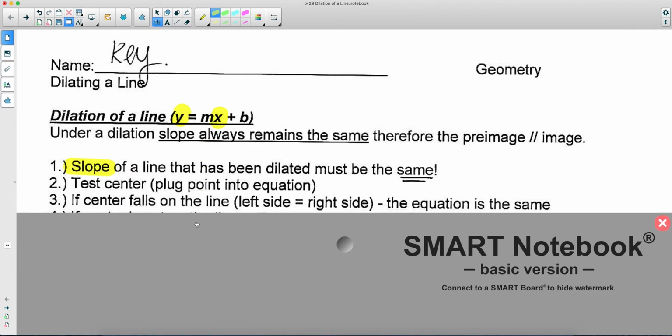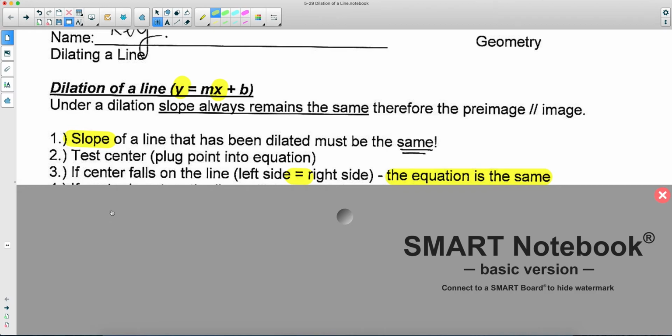If the center falls on the line, so the center that we tested makes the left side and the right side equal, the equation is exactly the same. The equation doesn't change, because if you dilate while the center is on the line, you keep dilating on top of the line. The new points keep falling on the line, so the equation doesn't change.